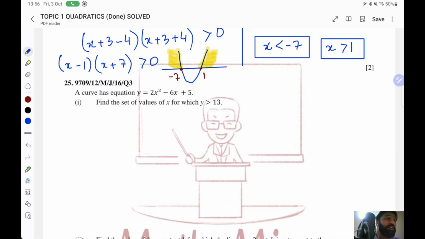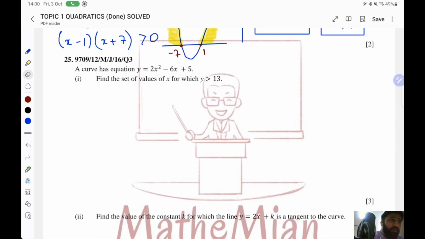Question number 3, paper 1-2. Let's do the next 25th question, in which we will just substitute this value of y over here, which will become 2x square minus 6x plus 5 greater than 13. So if you simplify, 2x square minus 6x minus 8 greater than 0.